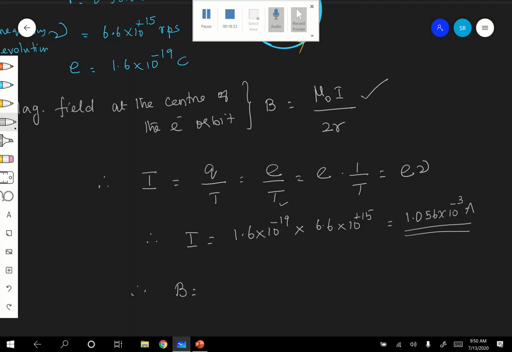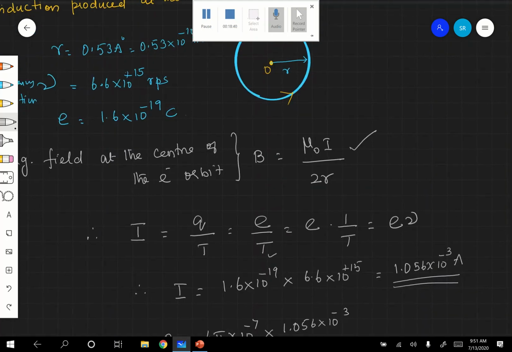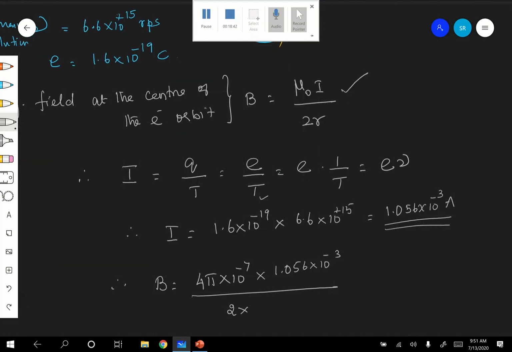Therefore, B is equal to mu naught, 4 pi into 10 power minus 7, into I, which is 1.056 into 10 power minus 3, divided by 2 into the radius, 0.53 into 10 power minus 10.